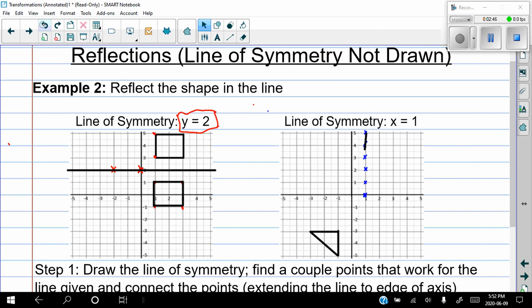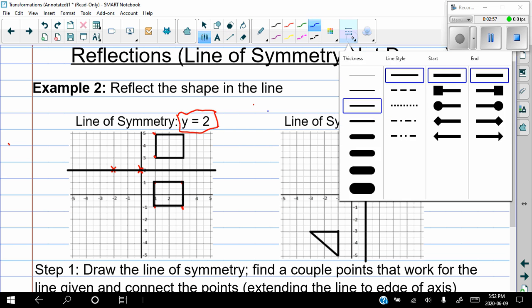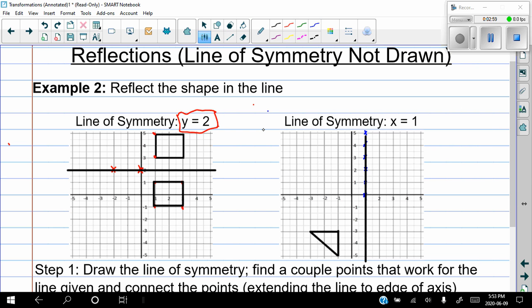Let's try this again. So we've got our line. Now we want to look at each point on our triangle one by one. So this point first, we're 2 away, so we're 2 away on the other side of the line. Next point is 4 away, so we're going to be 4 away on the opposite side.